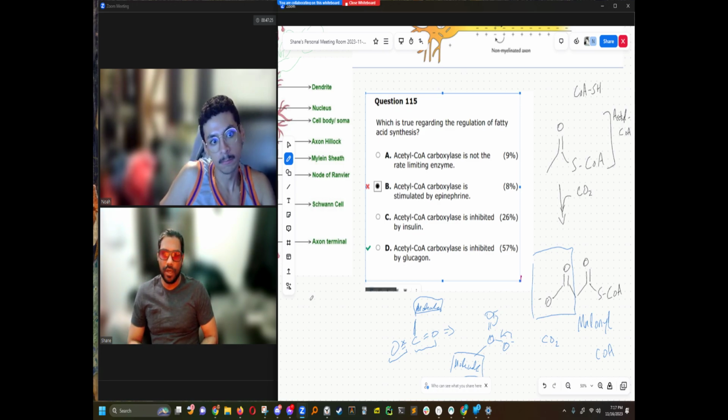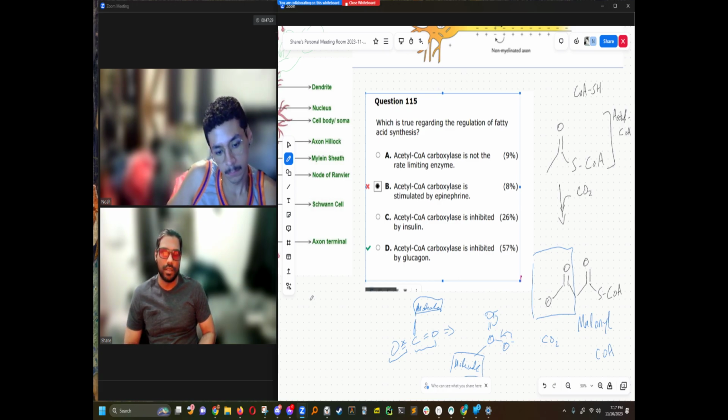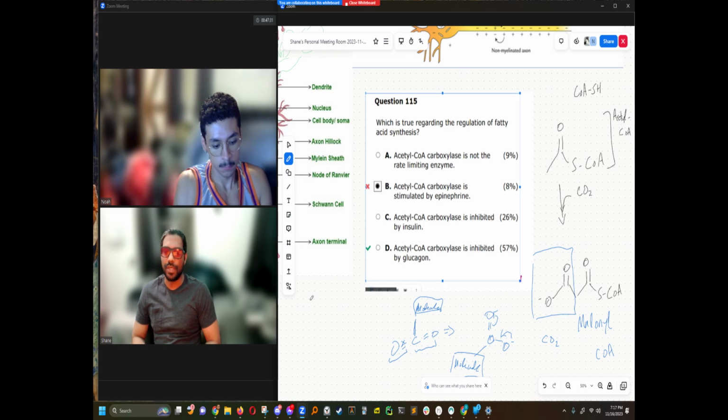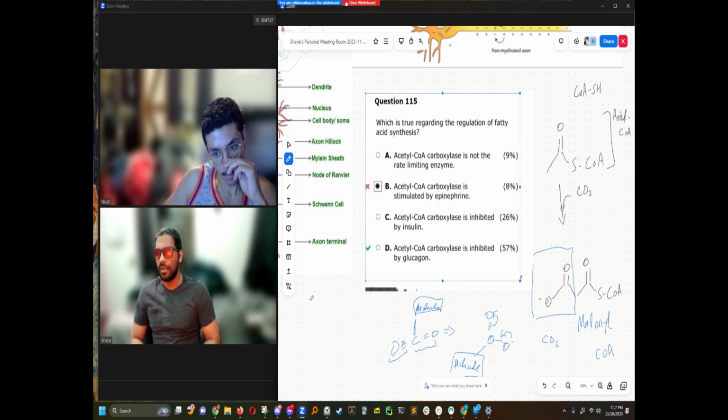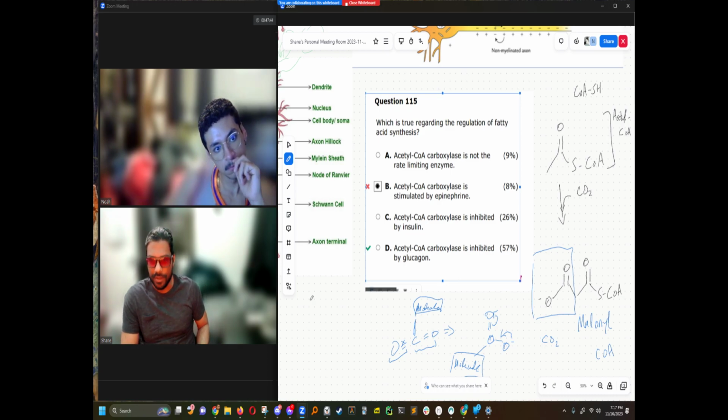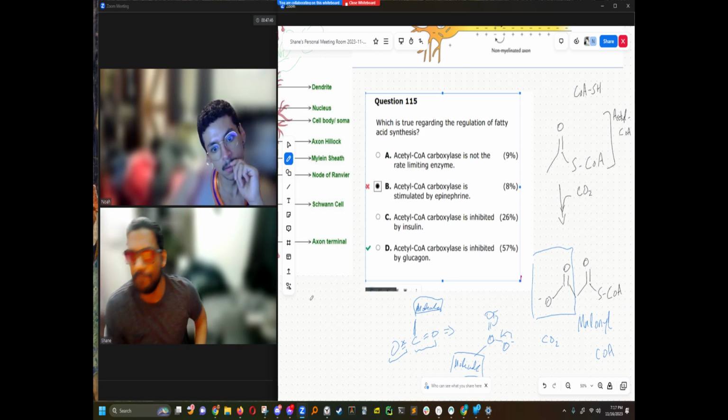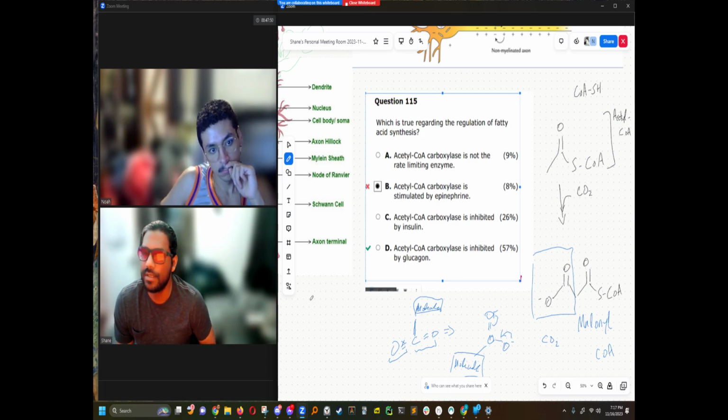But we want to see what this reaction really does in terms of synthesis of fatty acids, because that's going to happen when you need to store the energy of the fatty acid. So it should be suppressed by the epinephrine.